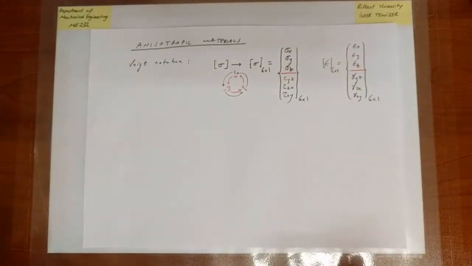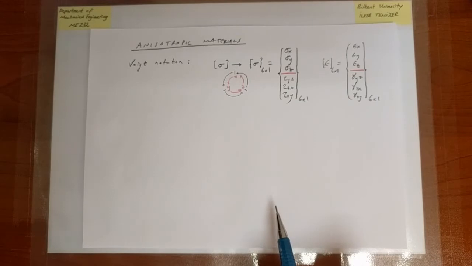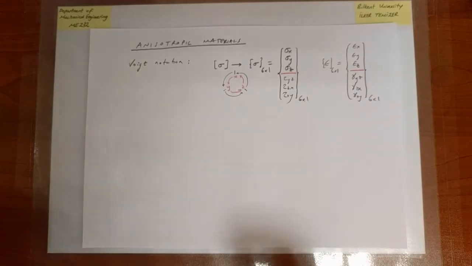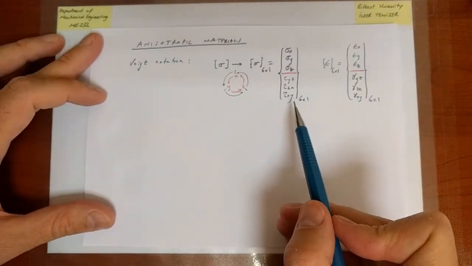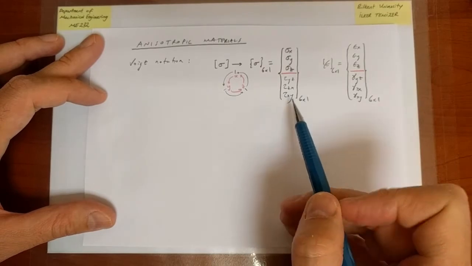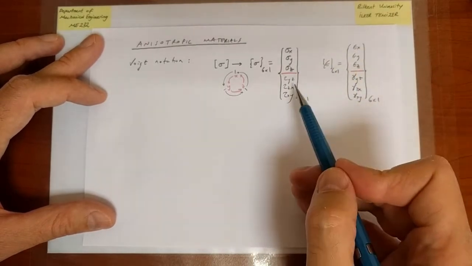Okay. So that's one way to remember, although you don't really have to memorize the order of these things. Now what I would like to imagine is a scenario where I would like to be able to relate any components of stress to any component of strain.